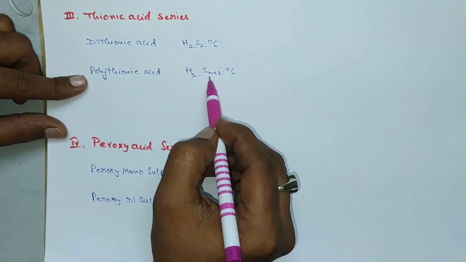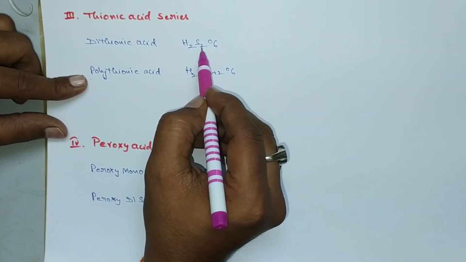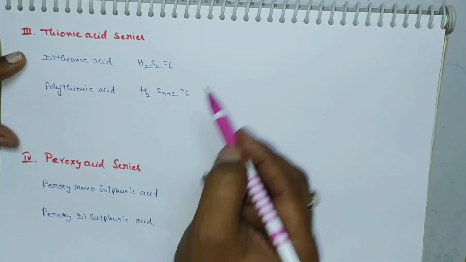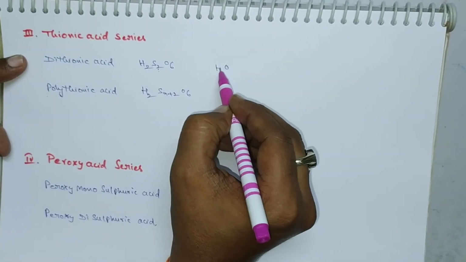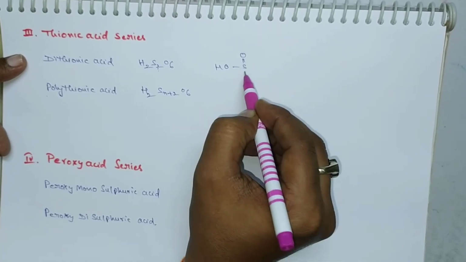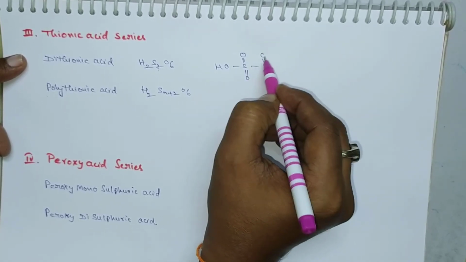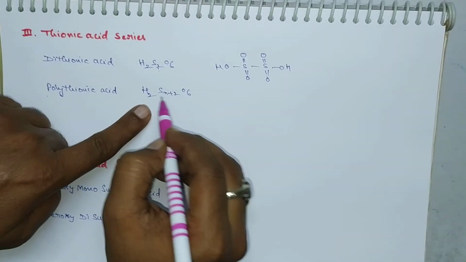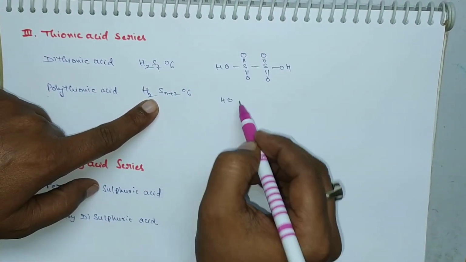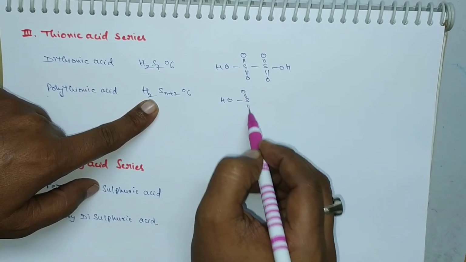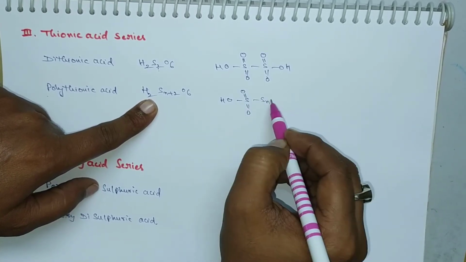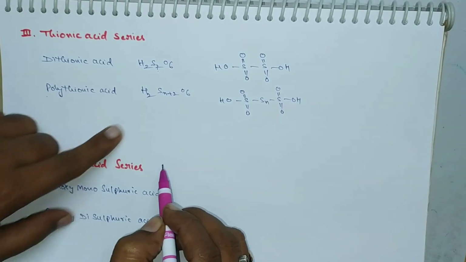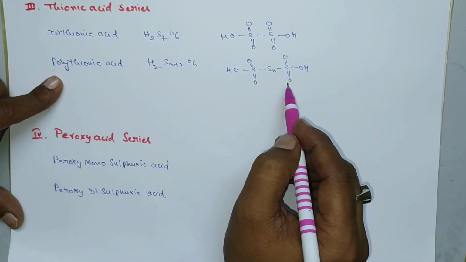Poly means it consists of a number of sulfurs, that is 2 plus n, n+2. Okay. So the structure for the molecule is like this: S double bond O, OH. And next, SN, there should be n sulfur atoms present in between the 2 sulfurs, like this. Okay, this is polythionic acid.